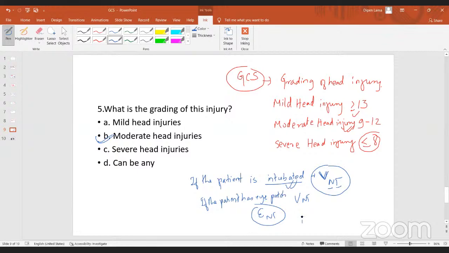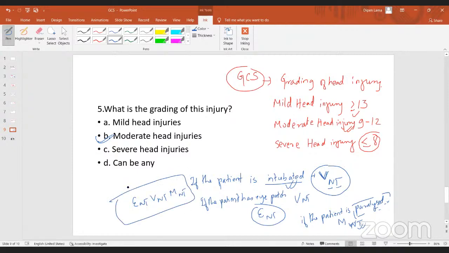Or if the patient is already paralyzed, both hand as well as leg, his body is paralyzed, then we cannot test motor response. That is MNT, not tested. So we can write ENT, VNT, MNT, depending upon the condition of the patient.